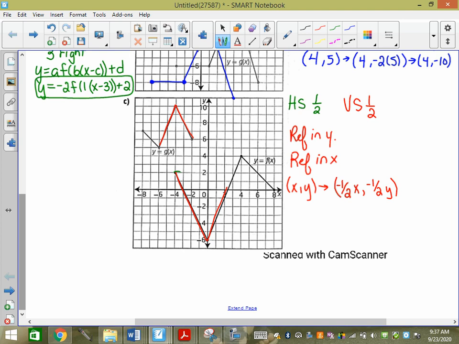So I get, what the heck am I doing? I have -4, 2. It's going to become -1/2 times 4, -1/2 times 2, -4, sorry. So it's going to become 2 and -1.